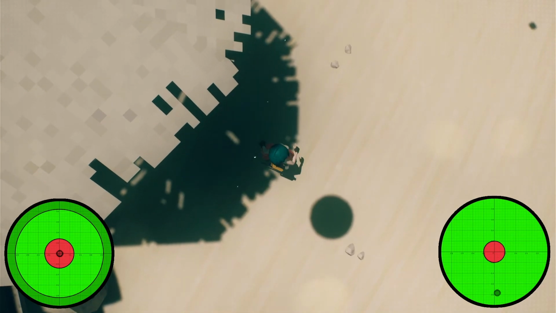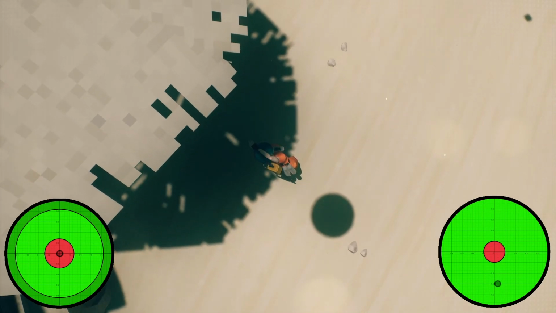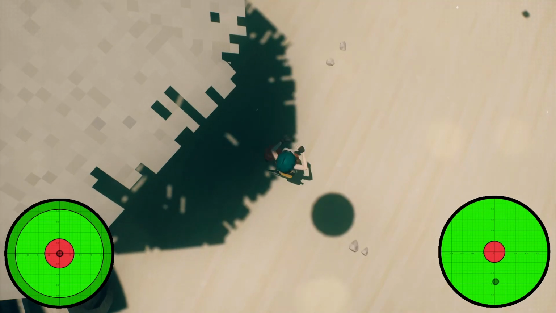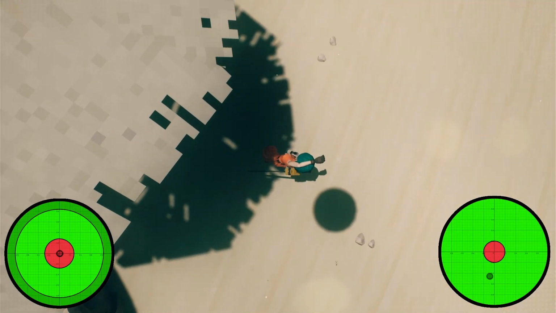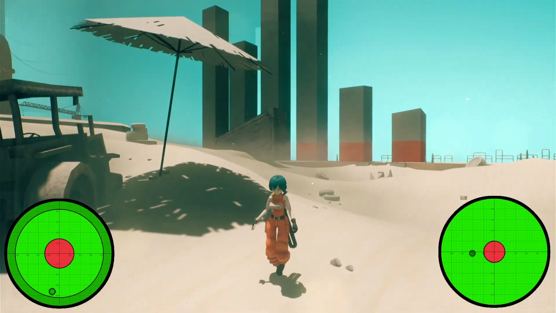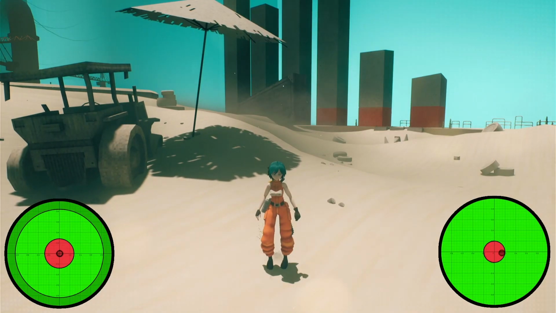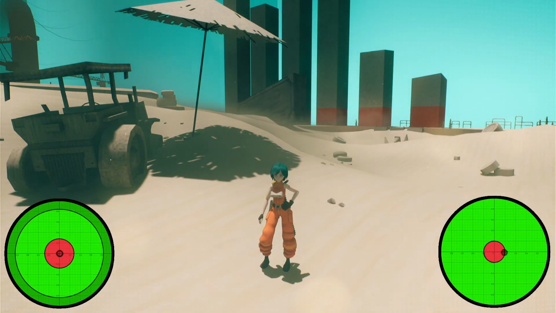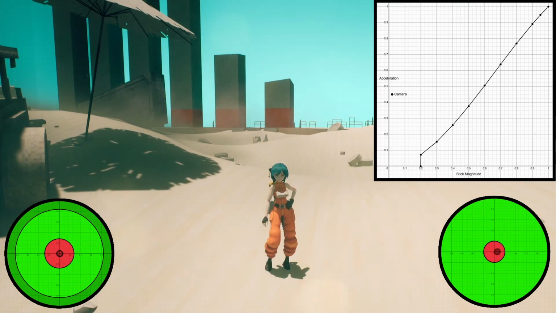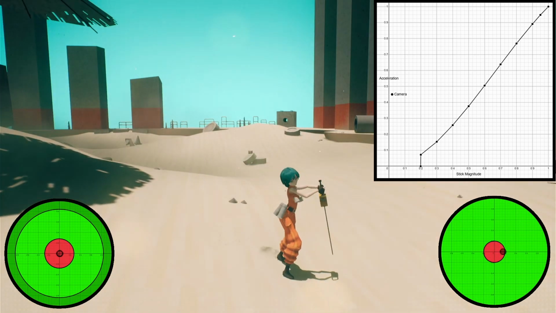The diagonal changes are still very subtle, and that's an issue with the curve, and we'll get to that right now. So the curve is a subtle S-curve, but you can see that it starts out much faster than expected.